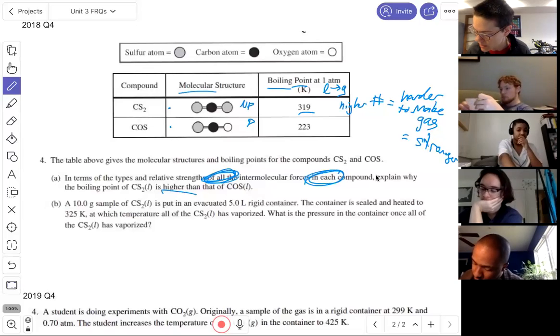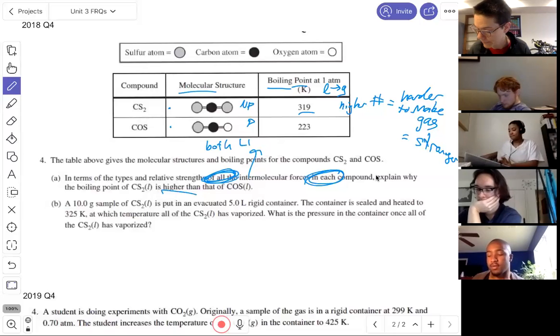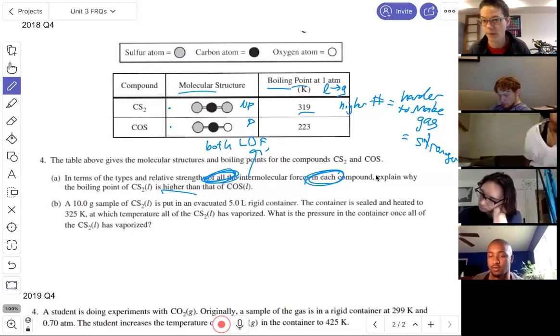So to get the point in the first part of the question, what do you have to identify? Who's got what? They both have LDF. And doesn't CS2 only have LDF? Correct. And then COS has dipole. It's polar.